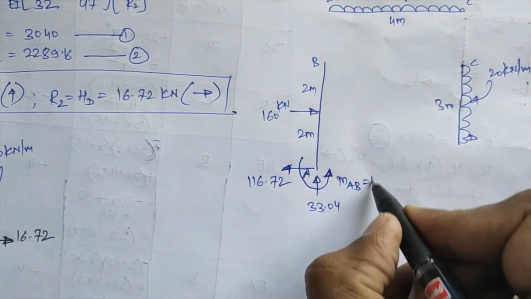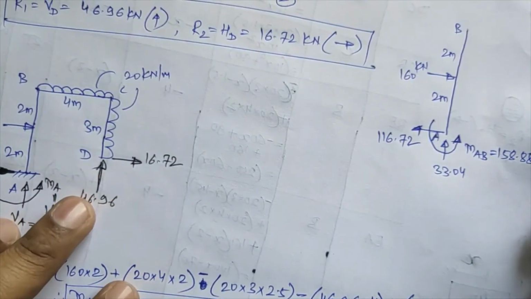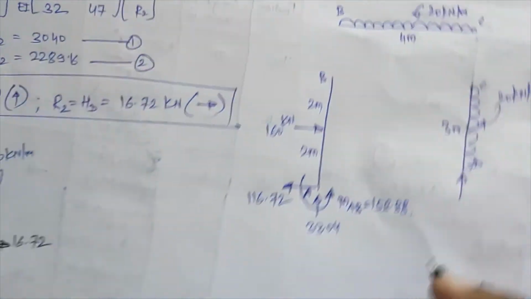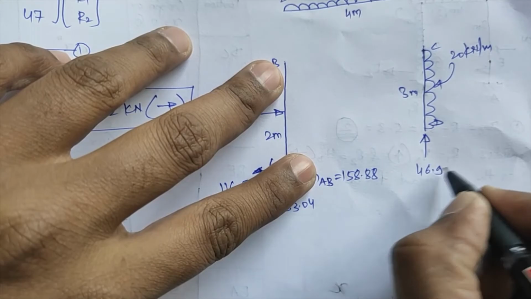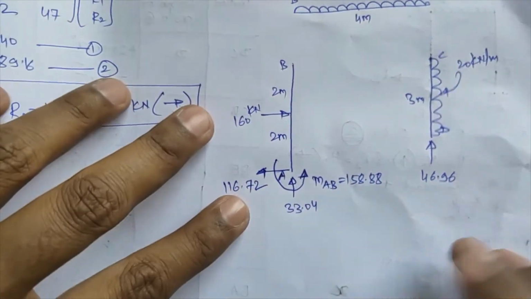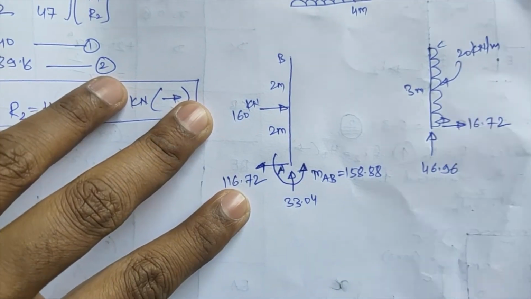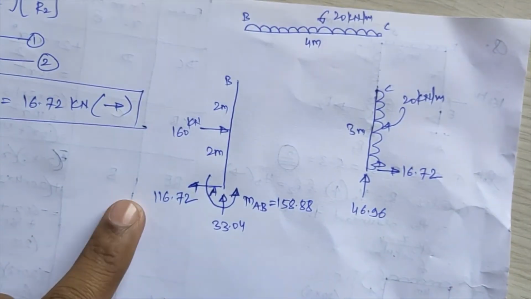Okay, so that is 158.88. Next, here 2 reactions I have, that is the vertical reaction at point C, which I have got equal to 46.96, and this horizontal reaction here I have got equal to 16.72 over here.